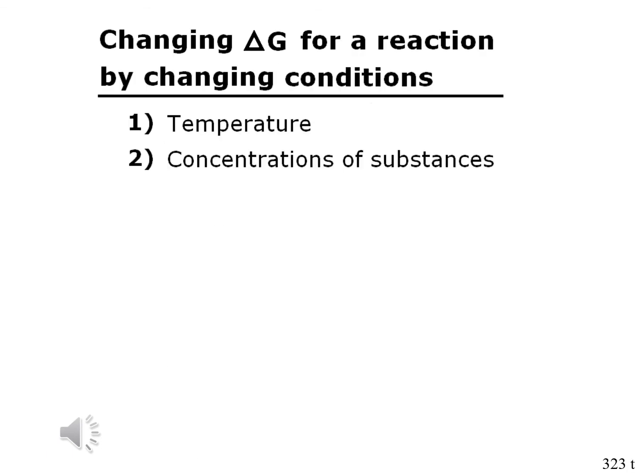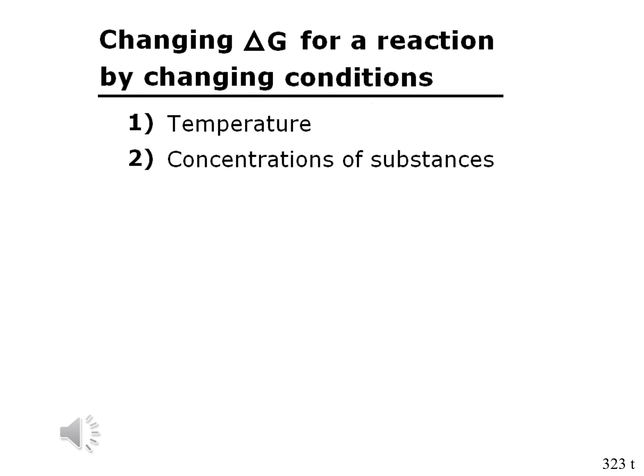You can now calculate changes in delta G, because what if the delta G does not go in the direction you want it to go? This is what a lot of chemical engineering is all about. You want to be able to change a reaction to go the direction you want it to go by changing conditions. And that also happens in synthesis in basic chemistry.